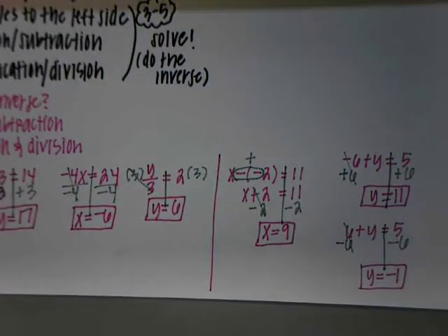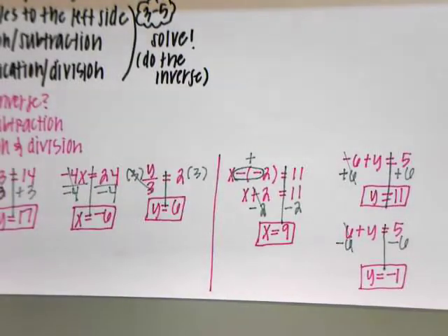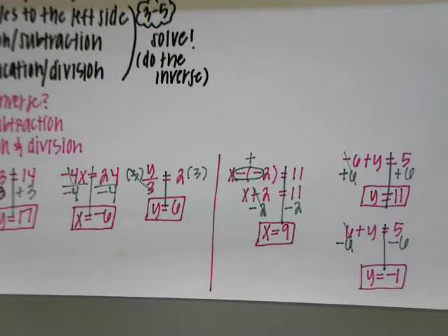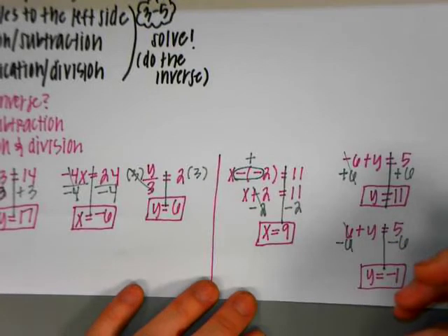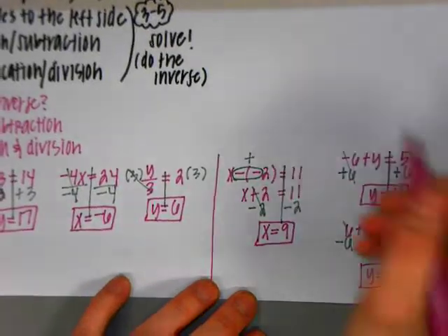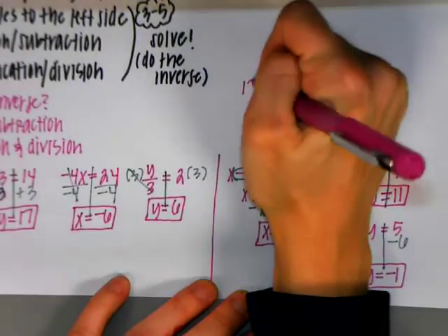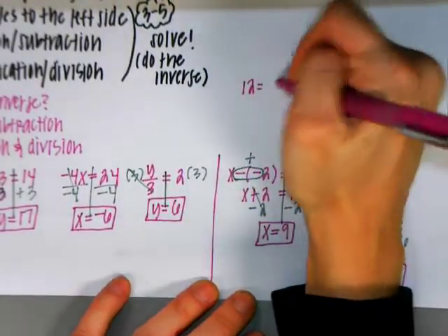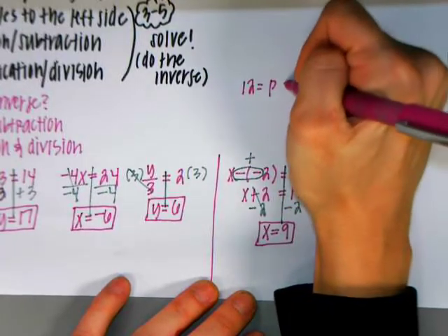So let's do, like, if you had 12 equals p minus 7.